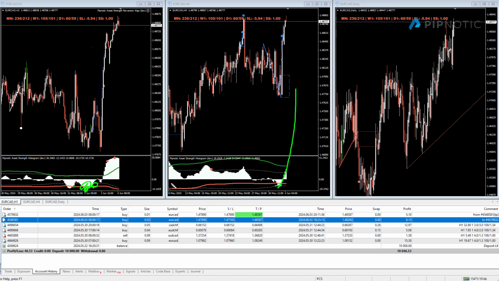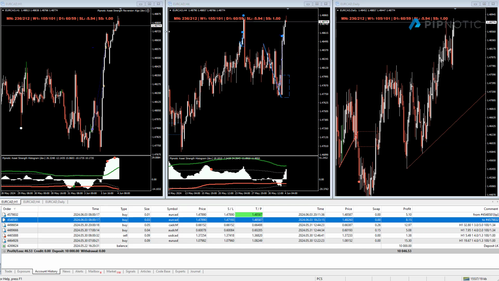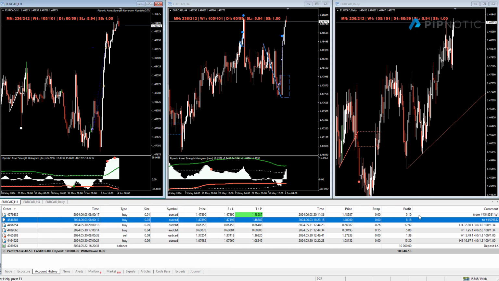So when you look for an alignment in the cycles on the smaller time frame relative to the bigger time frame, the moves are much bigger than mere zigzagging higher and lower like you would see if you were just focusing on a small time frame. Ever since the introduction of this setting, these are the kind of results we're starting to see, which is fascinating because we really don't want to risk more than we want to win.